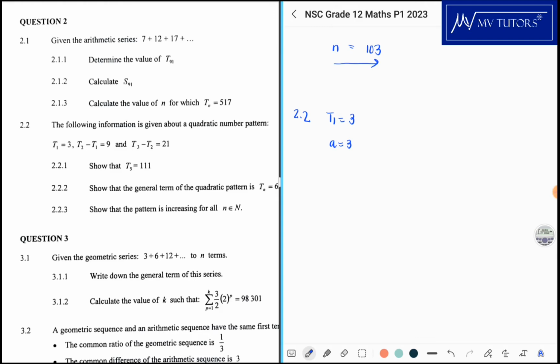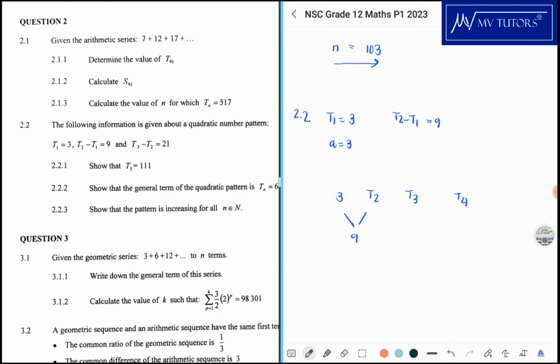Okay, so let's say I have term 1 and then term 2 and then term 3. When you're dealing with the quadratic pattern, you need at least 4 terms just to see what's going on there. It always helps. So term 1 is 3. Then they tell us that term 2 minus term 1 is 9. So we know that that is 9. And we know term 1 is 3.